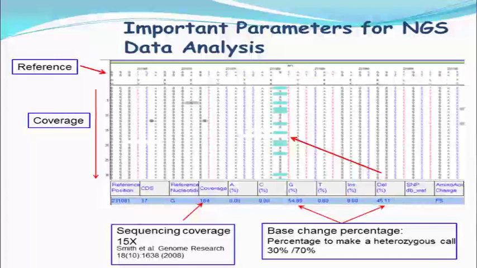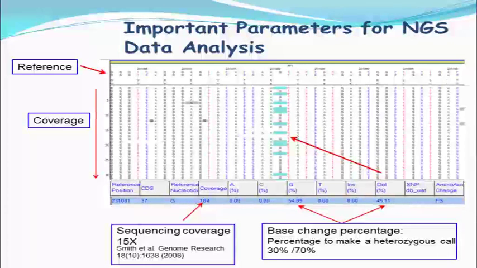Another important parameter is the coverage. The depth of coverage allows you to know whether you have reliable sequence results from your next generation sequencing. Here is one example.